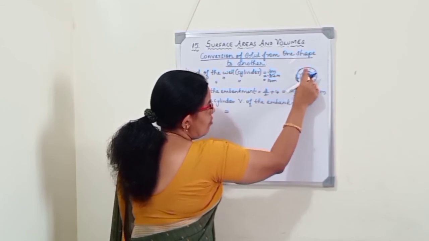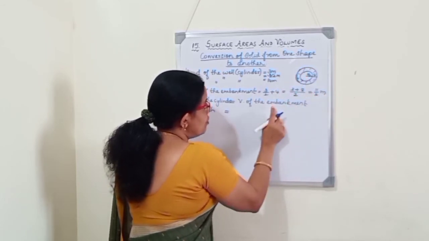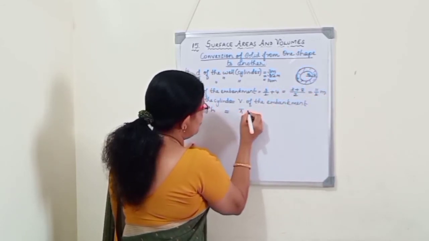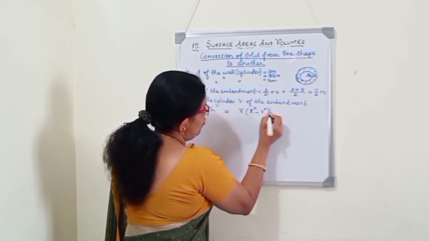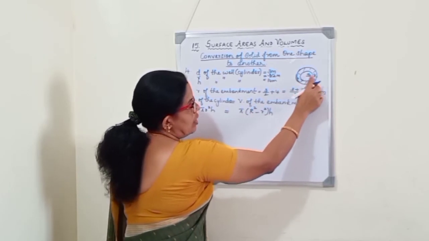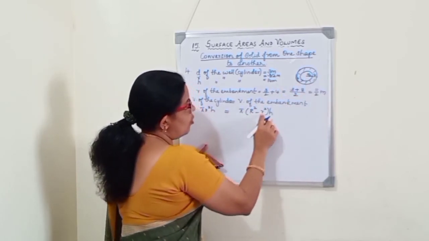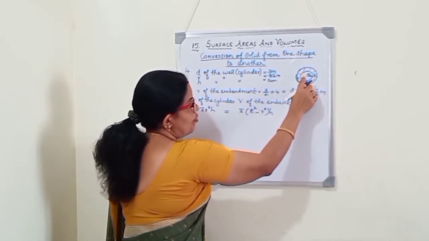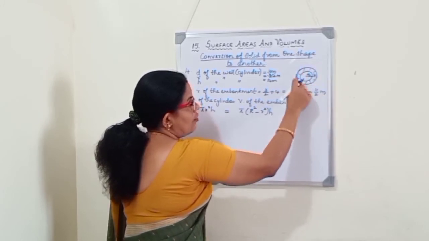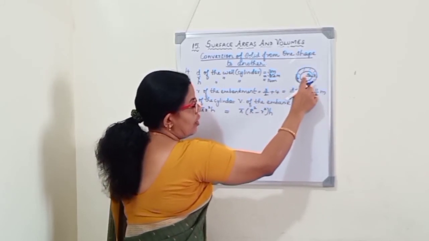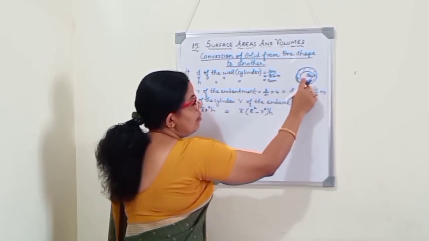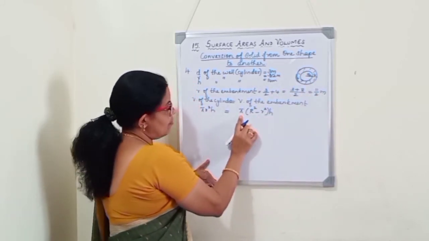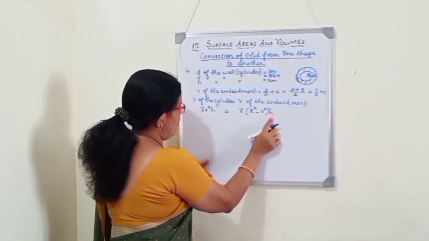To find the volume of this mud, we have to use the formula pi into capital R square minus small r square into h, where capital R is the outer circle's radius and small r is the radius of the inner circle. We don't want to find the volume of the outer circle or inner circle. We want to find the volume of the mud which is there in the middle. So the formula is pi into R square minus r square into h.